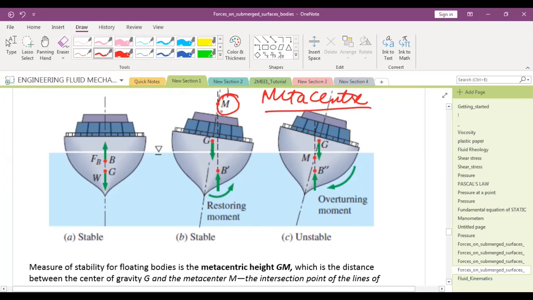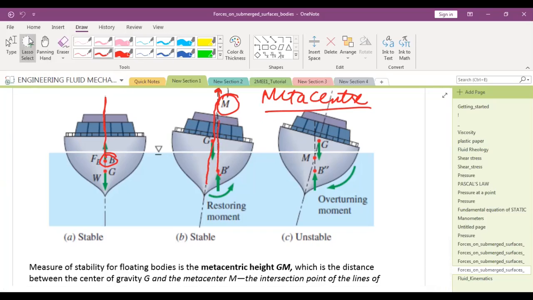So the metacenter is the point of intersection of the line of action of buoyant force before the torque was applied, and the line of action after the torque was applied.